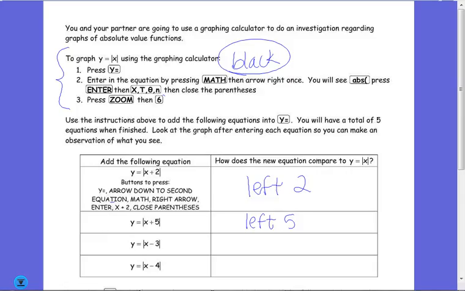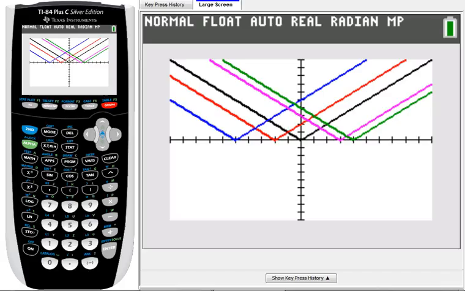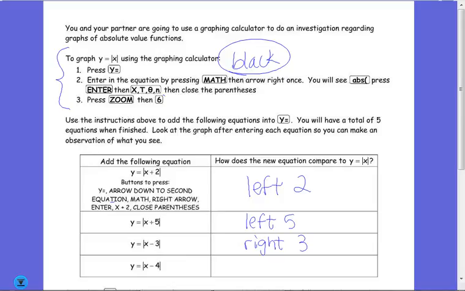And so you should have written down in that box, right 3. And then the final graph was that green one. So from the black, we went 1, 2, 3, 4 to the right. So hopefully you agreed with all of those very easy changes.